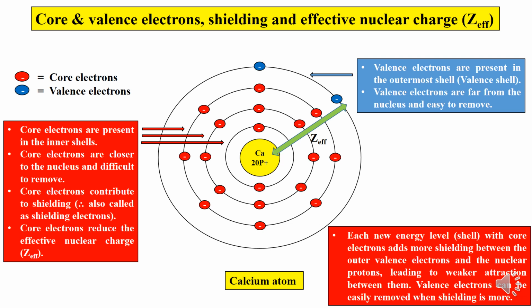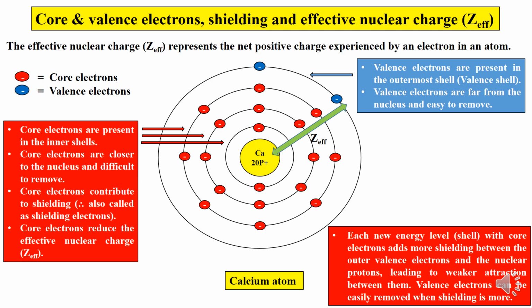So lesser the shielding, more easily the valence electrons can be removed. More the shielding, difficult it will be to remove the valence electrons. And when the effective nuclear charge is more, it will be difficult to remove the valence electrons.